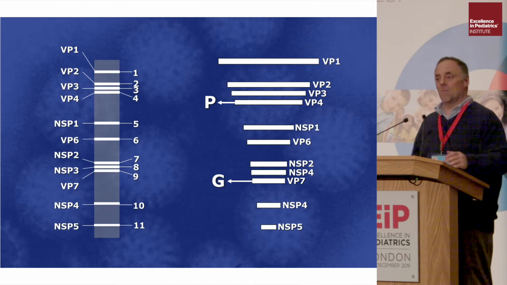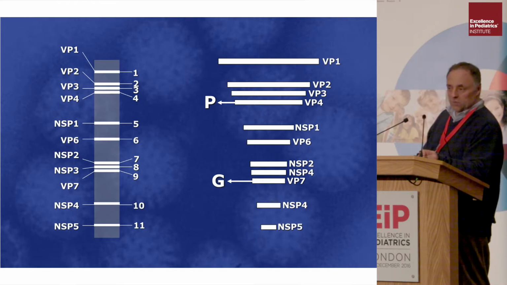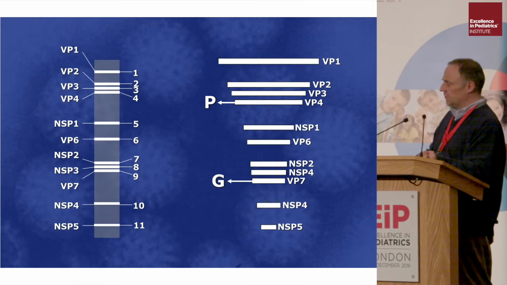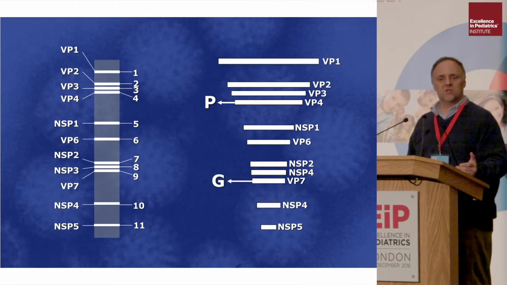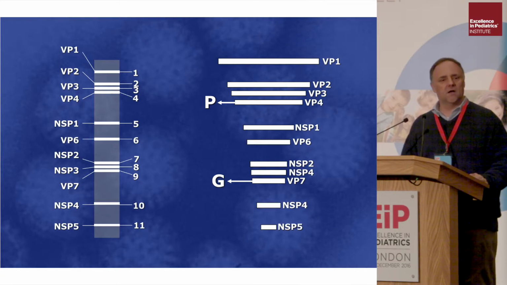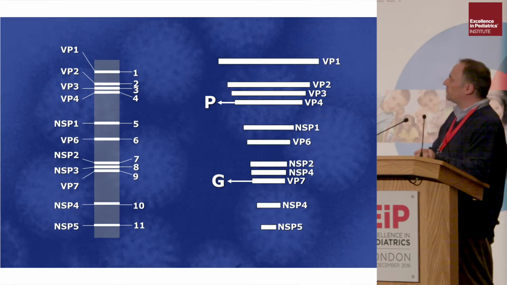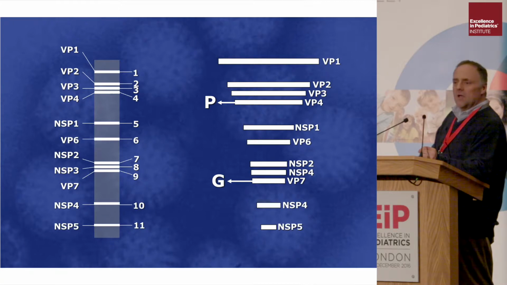Rotaviruses are important pathogens of many animal species. Most of the mammalian species, most of the avian species have their own set of rotaviruses, and because they have segmented genomes, they can exchange these different pieces of genetic material and make new combinations.